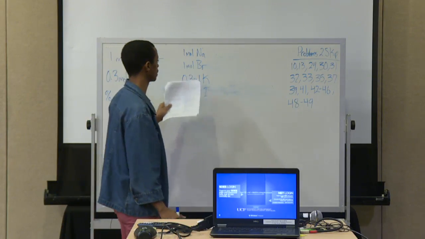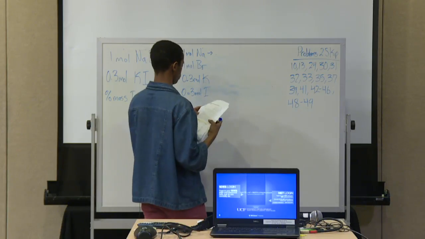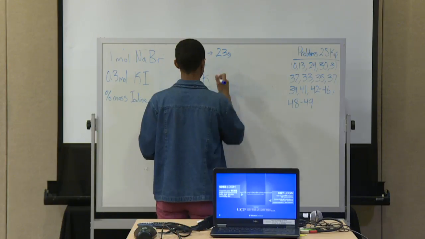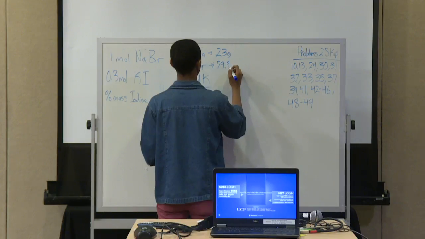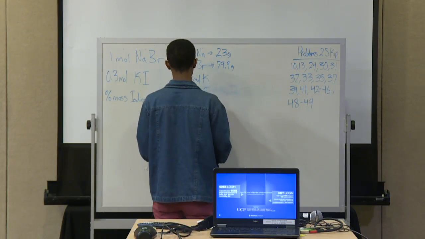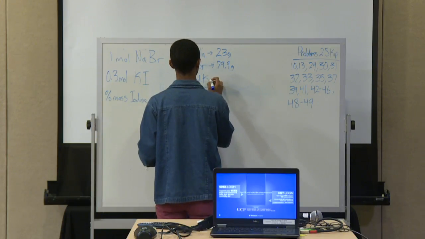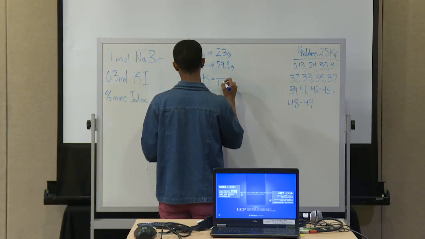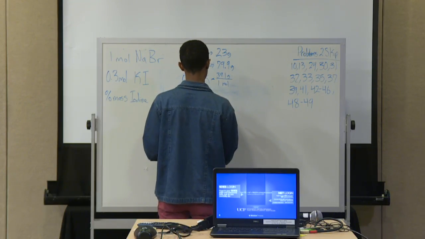So you're going to want to change all of that. 1 mole of sodium is just 23 grams. 1 mole of bromine is 79.9 grams. 0.3 moles of potassium is right here, so we can multiply it by the weight of 1 mole of potassium, which is 39.1 grams. Do the same for iodine, and iodine is 126.9.